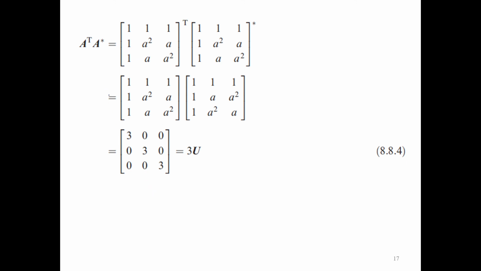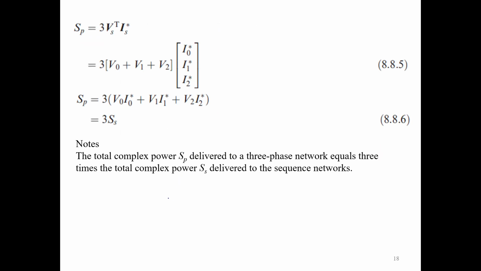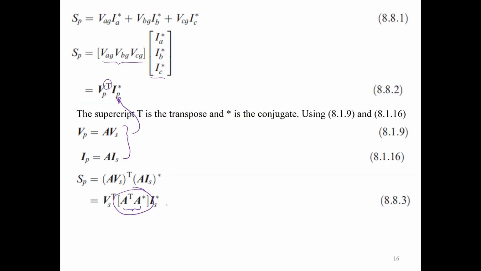Once you have multiplied these two matrices, what you get is 3 times the identity matrix. Once you put this 3 times identity back to this equation, you get 3 times U, where U is the identity matrix.